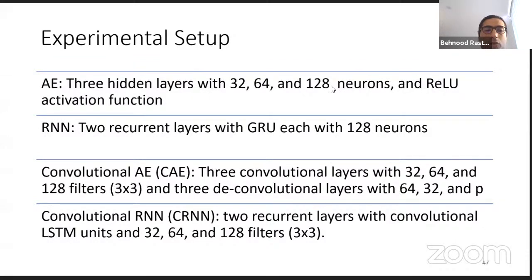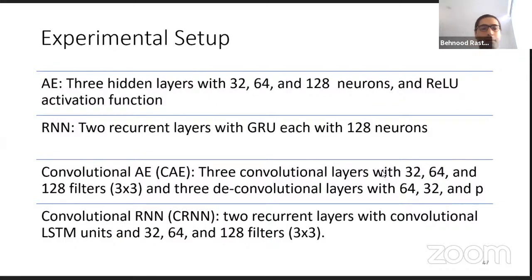And for the convolutional autoencoder, 3 convolutional layers with 32, 64, and 128 filters, and a kernel size of 3 by 3, and then 3 deconvolutional layers with 64, 32, and obviously P, the number of bands.